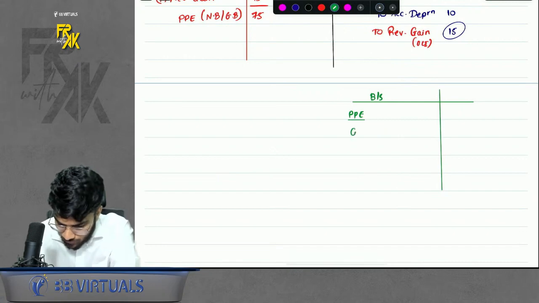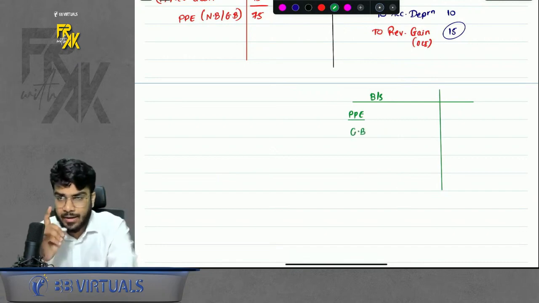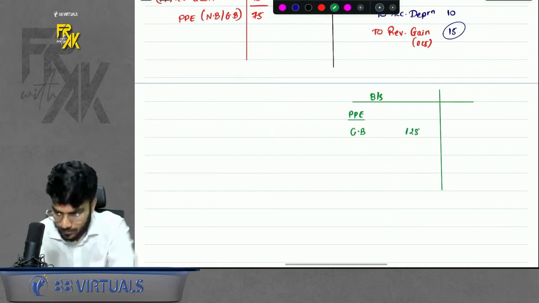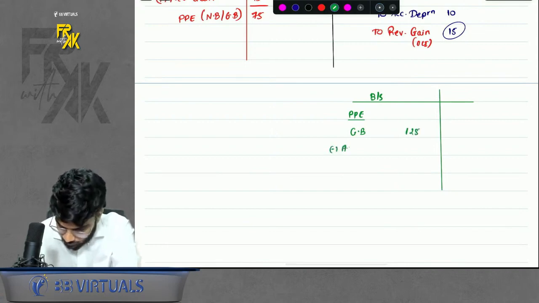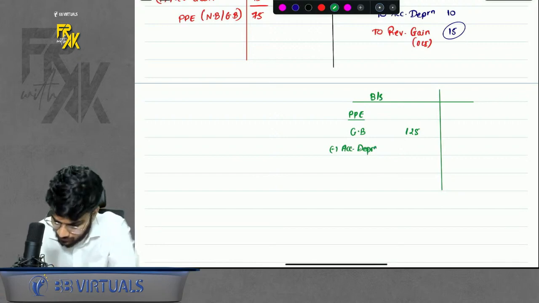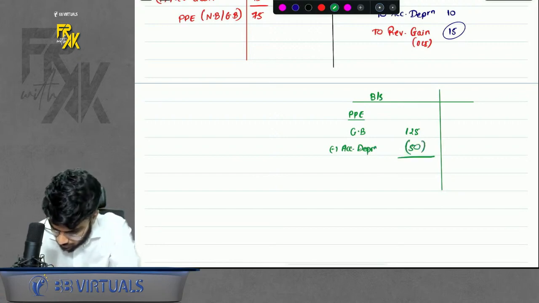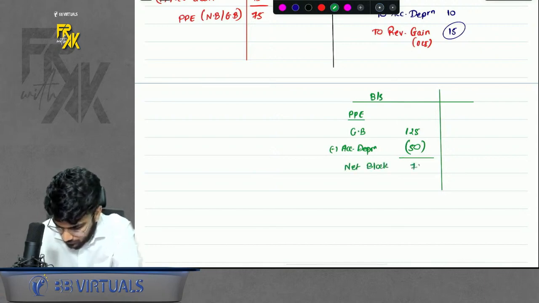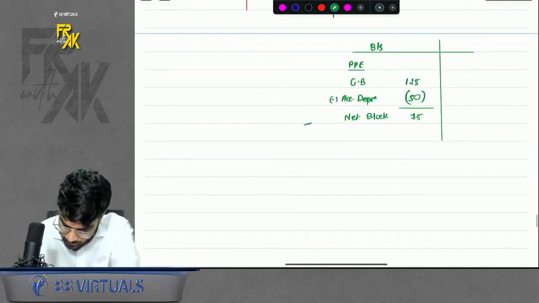The gross block of PP was initially 100. We increased by 25, so gross block will become 125. Our accumulated depreciation was previously 40. We increased by 10, so it will be 50. You will automatically get the answer of net block as 75, right?